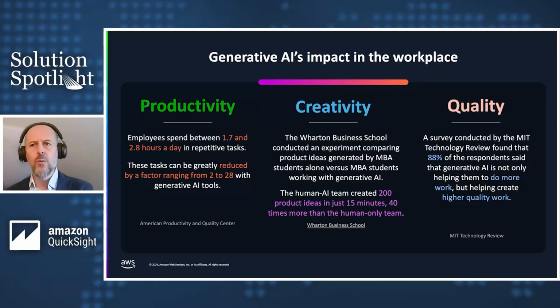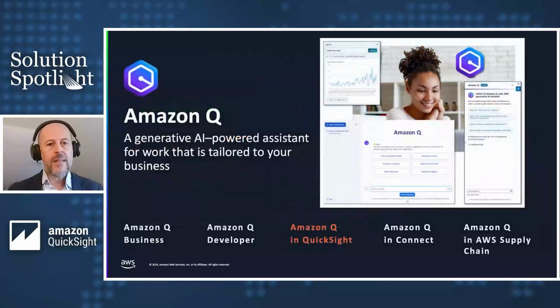Then let's move into what is Amazon Q in QuickSight. And that's the area in QuickSight where we are leveraging GenAI. So Q in QuickSight is part of QuickSight, but it uses GenAI to help build better solutions.